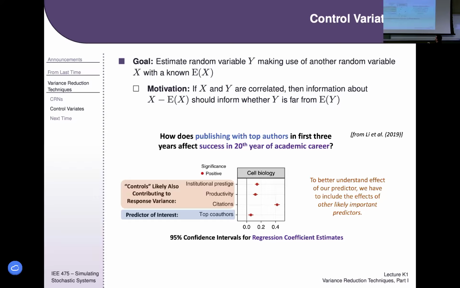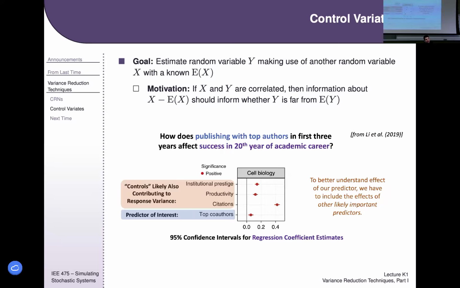Here's an example, not a simulation example. This was a study where they were trying to see the effect of publishing with top authors early in your career on your success in the 20th year of your academic career.